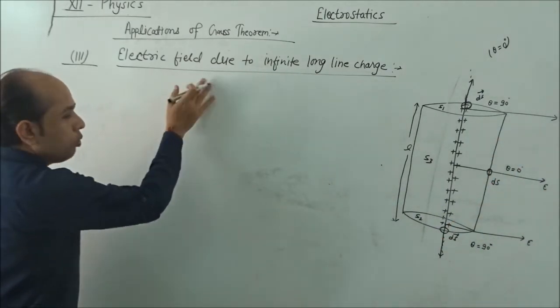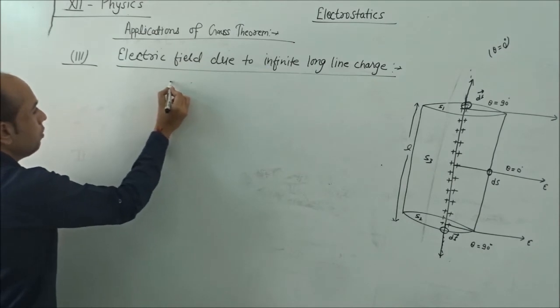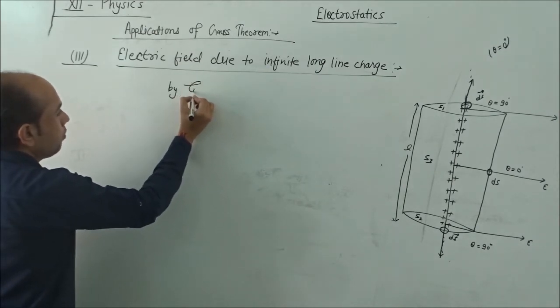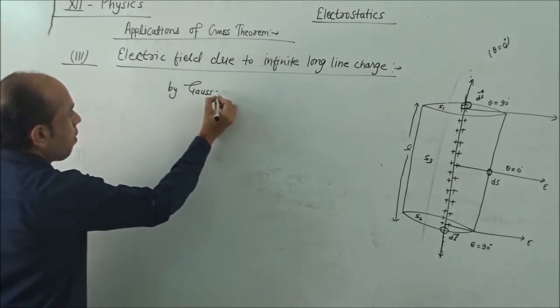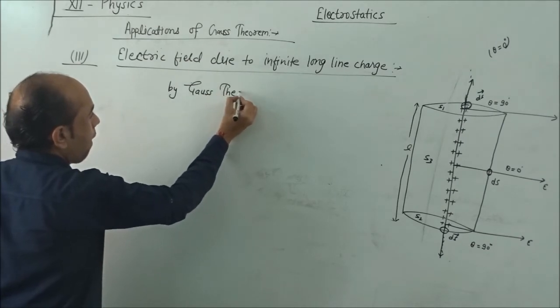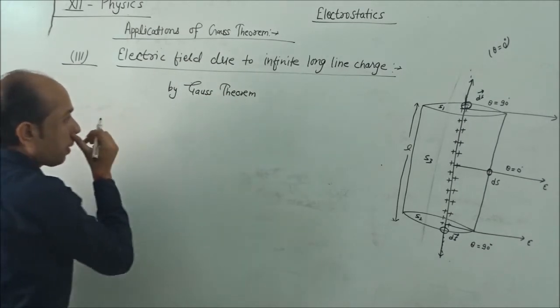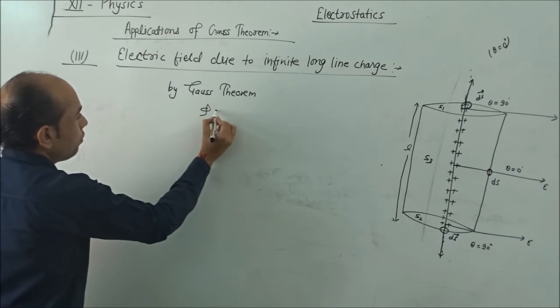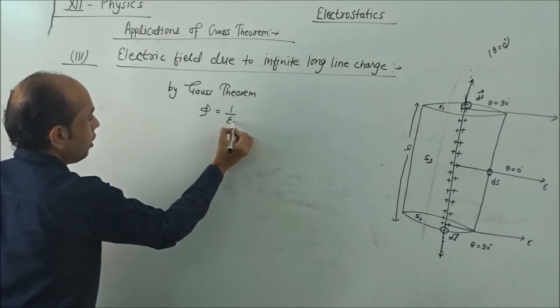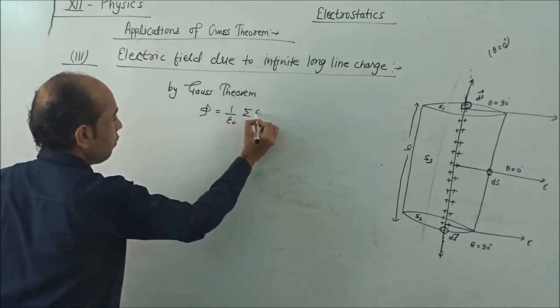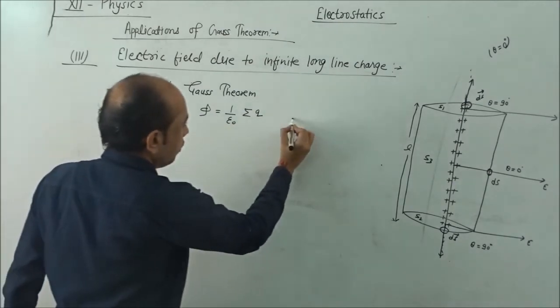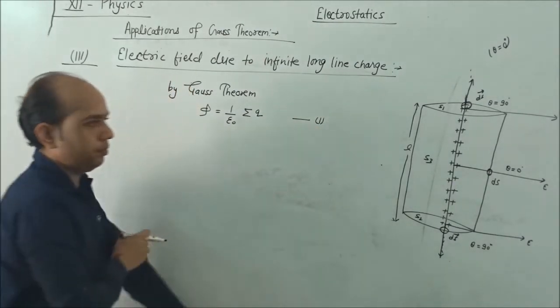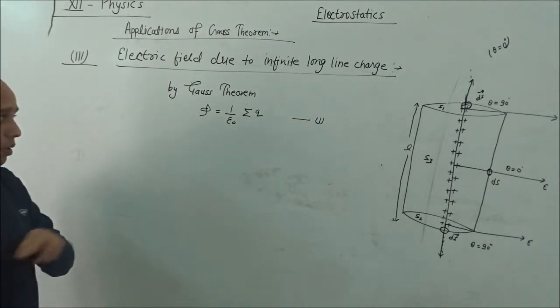Now we come to Gauss theorem. By Gauss theorem, phi is equal to 1 upon epsilon naught times summation of Q. This is the Gauss theorem.